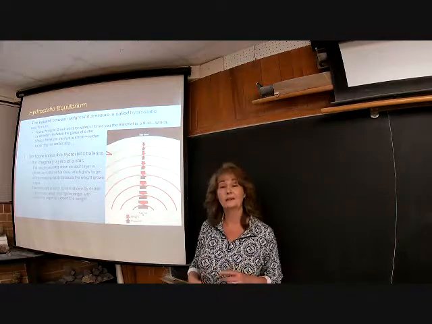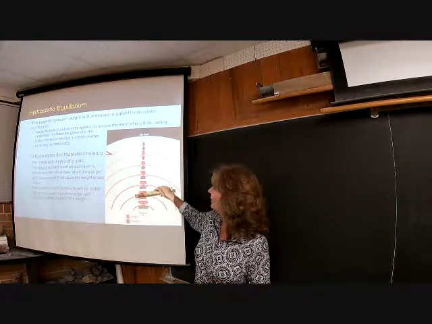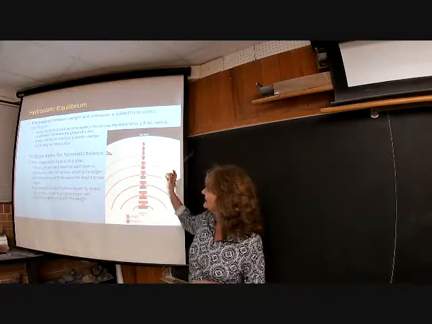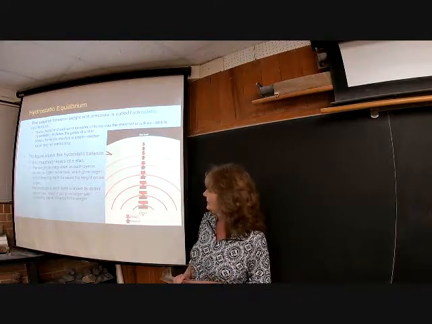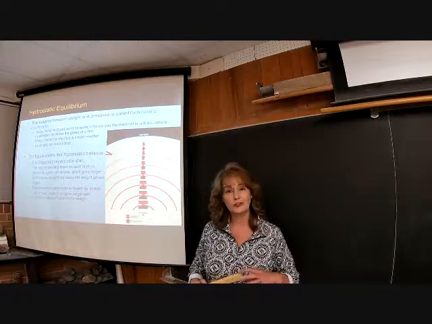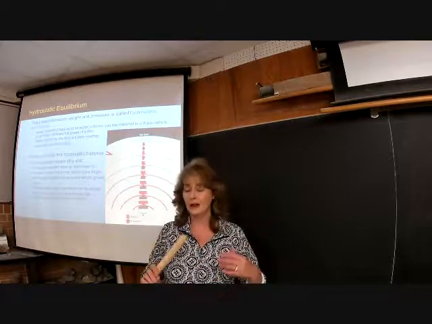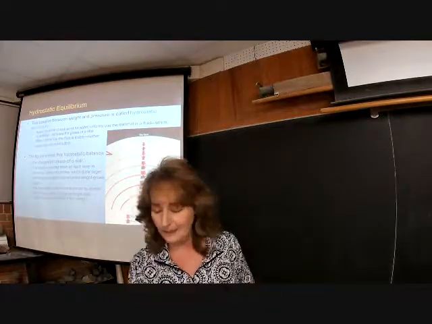So there's this nice balance going on all the way through. The pressure in each layer is going to grow larger as you get towards the center, because there's more and more weight, and we've got to keep that balance happening.